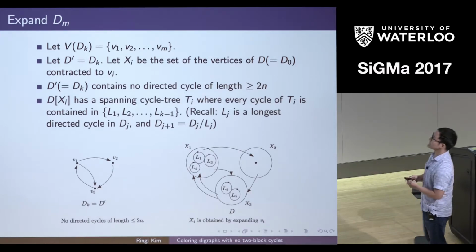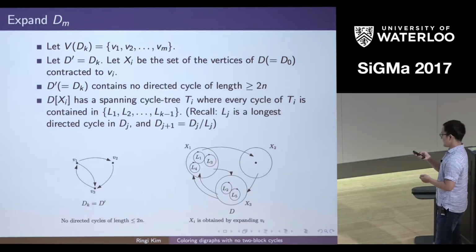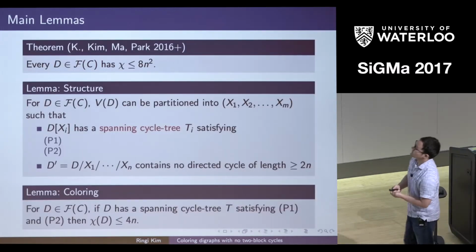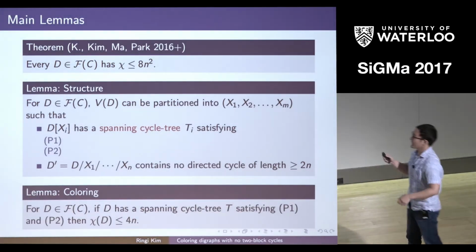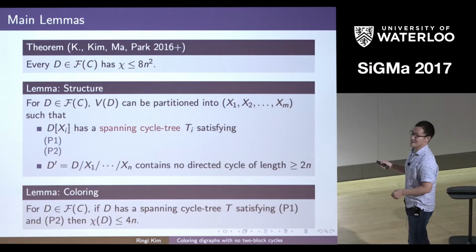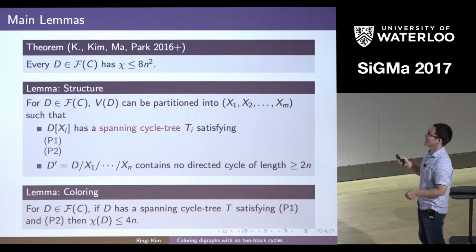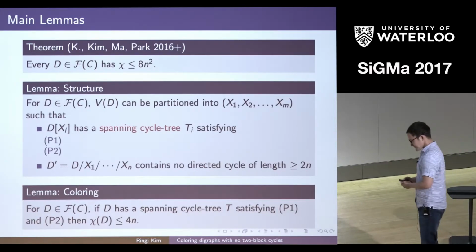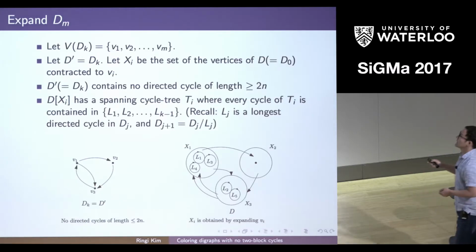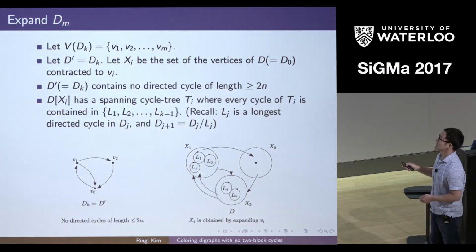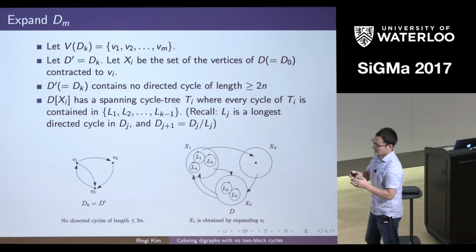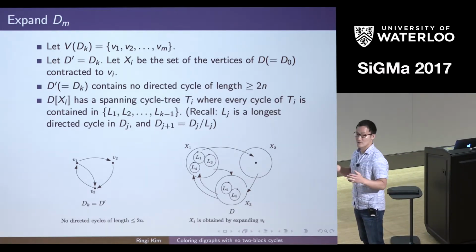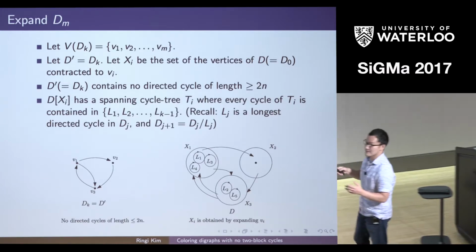Okay. So now we can fill out these two blanks. What are P1 and P2? So for every cycle tree here, their cycles are long. Their length is at least 2n.